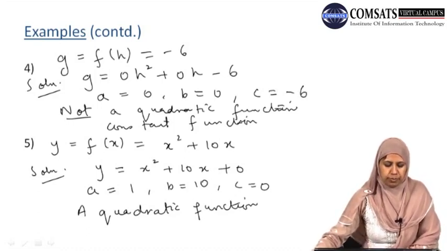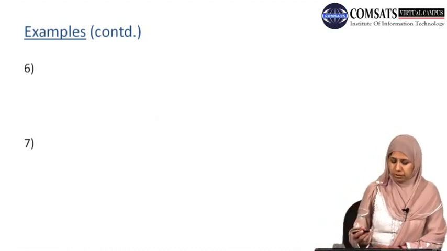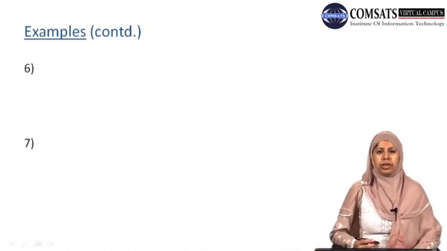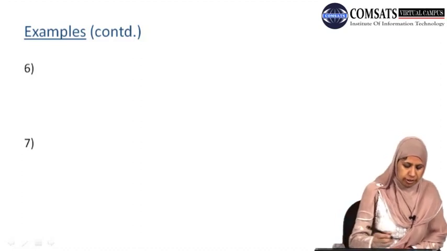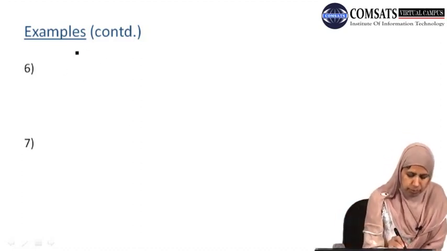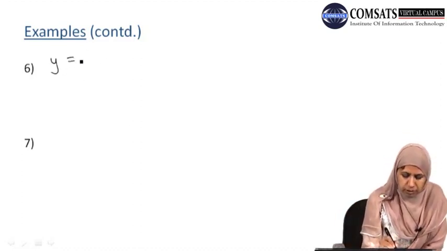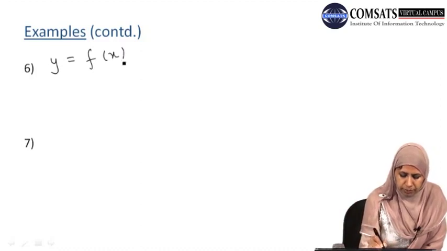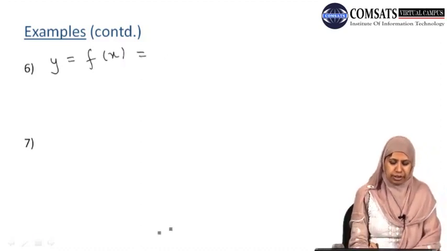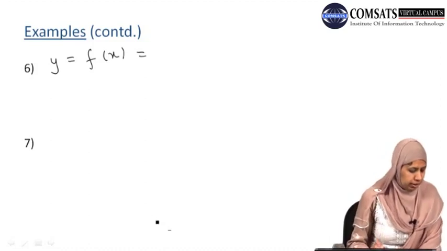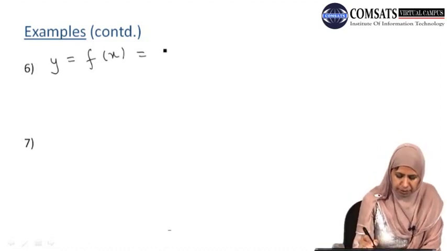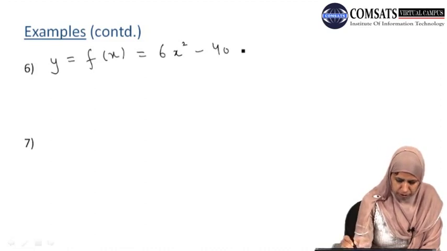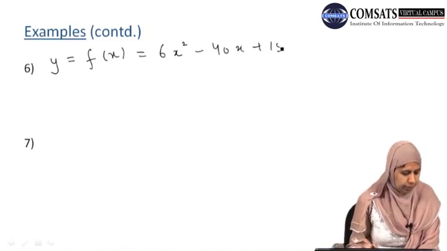And two more examples to make it clear what types of functions are basically quadratic functions and what types of functions are not. We consider our function y defined in terms of x as 6x square minus 40x plus 15.